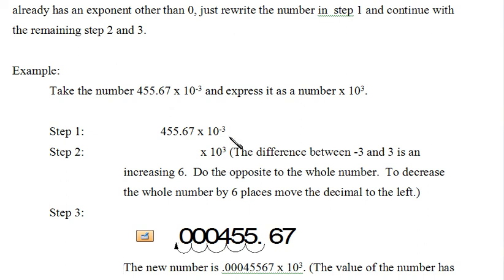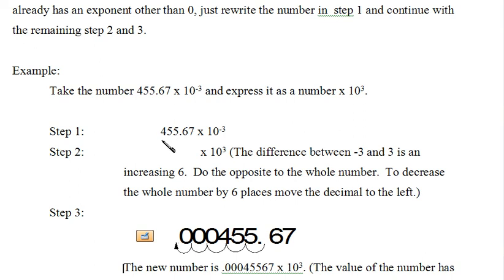I compare the exponent, so I'm going from a minus 3 to a 3. So on a number line, the minus 3 is over here, then you go to 0, and then the 3. So that's a difference of 6, and it's an increase of 6. To go from minus 3 to plus 3 is an increase of 6 places. So I do the opposite to this, meaning I decrease it.